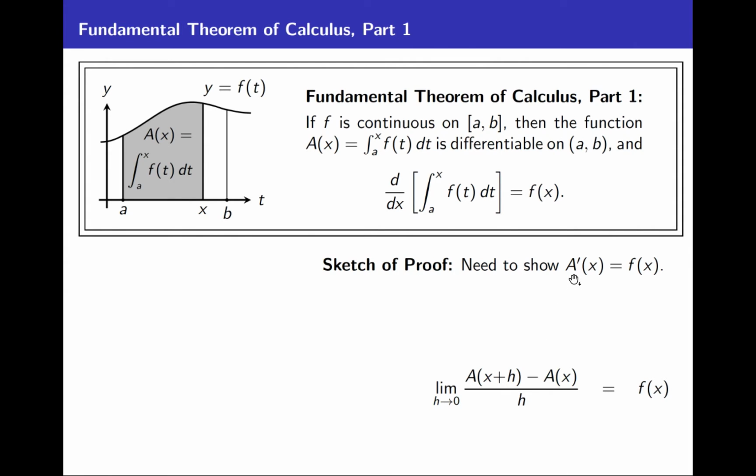A prime of x would be, by definition of the derivative, the limit as h goes to 0 of A of x plus h minus A of x, divided by h. That's the definition of A prime. We need to show that that's equal to f of x. So if we can show that these two things are equal, then we've proved the fundamental theorem of calculus part 1.